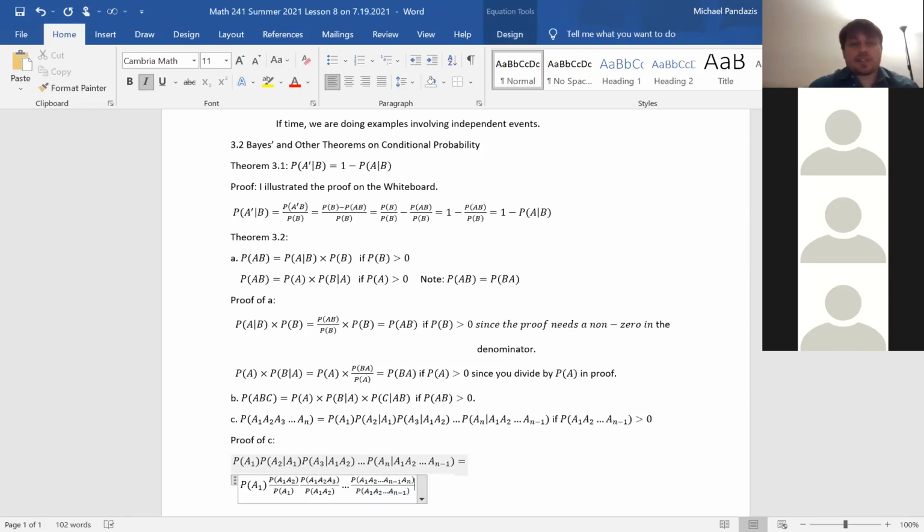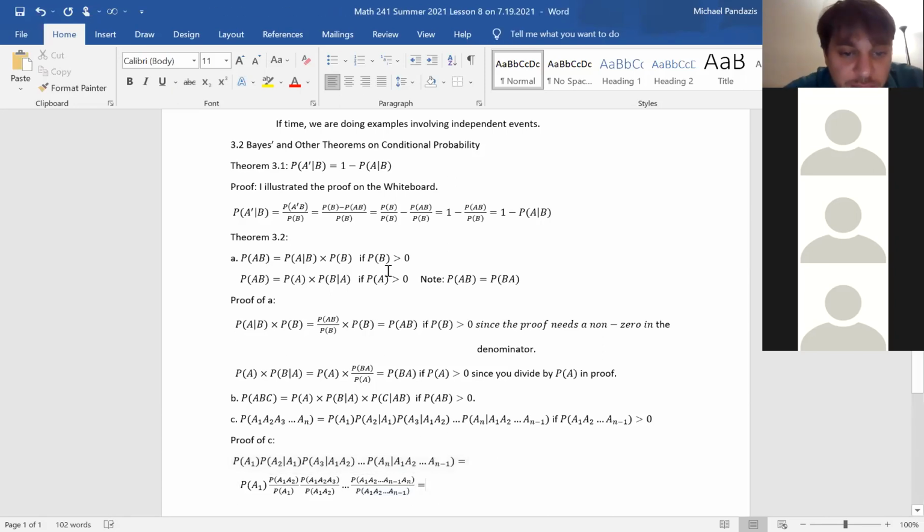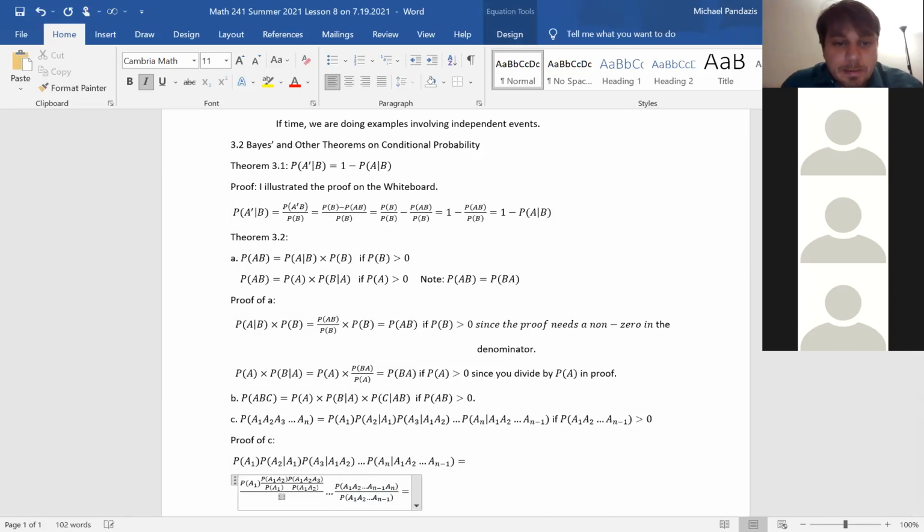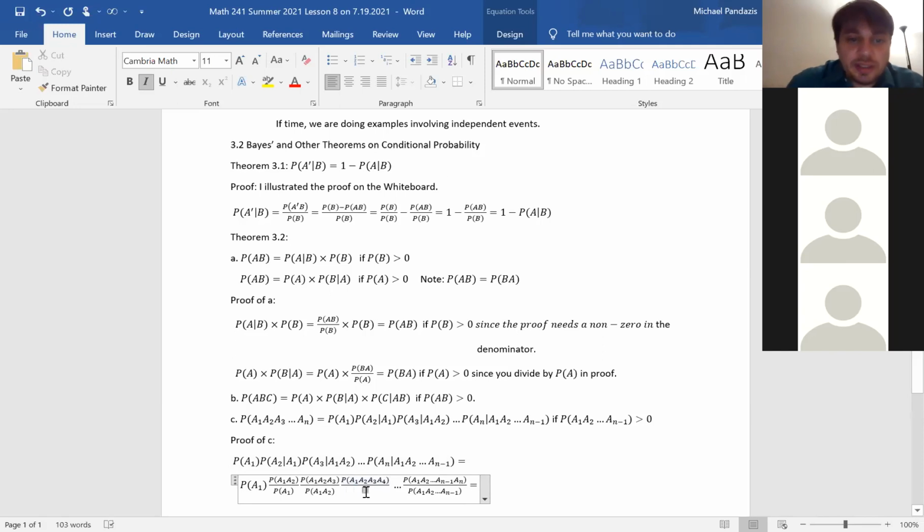Okay, so now you have this. So that product is equal to this product. But look, the terms will cancel. This numerator cancels with this denominator, right? And this numerator will cancel with the next denominator. If we did the next term here, it would be the probability of A1, A2, A3, A4 divided by P of A1, A2, A3, right?